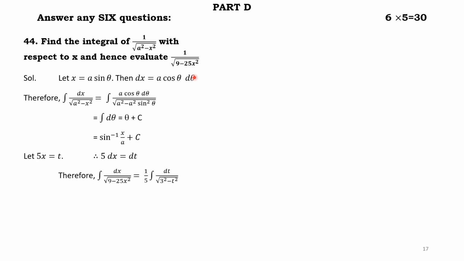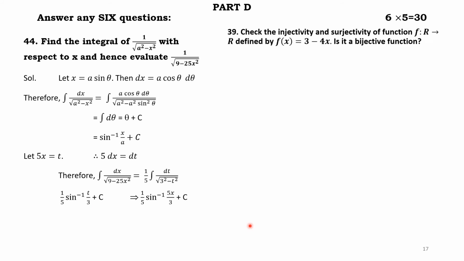So finally, in the given equation we put the values of a square as 9 and b square as 25, and you will get the integral of dt over 3 square minus t square. So it is sine inverse of t by 3. This is also a worked example. You please go through it.